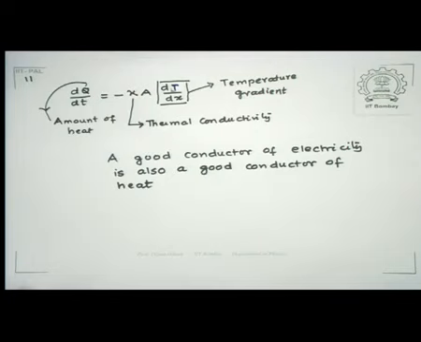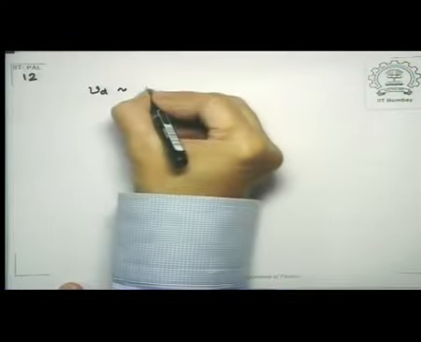Let me return back to the discussion of the drift velocity a little more in detail. I will be looking at the microscopic aspect of it. But before that, let us remember that we said that Vd at most is a few millimeter per second.